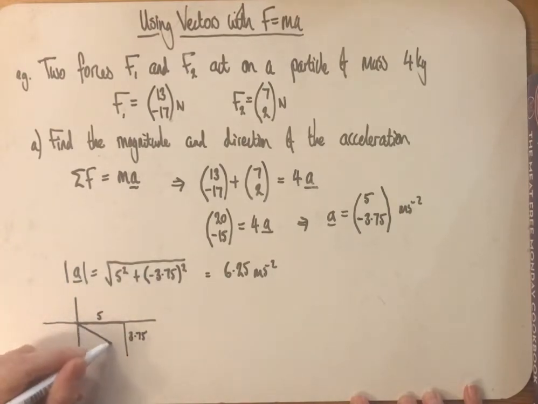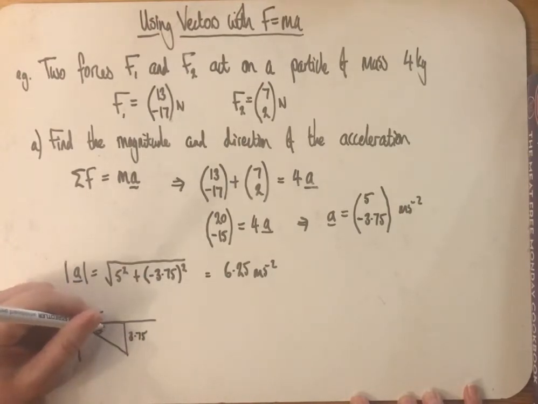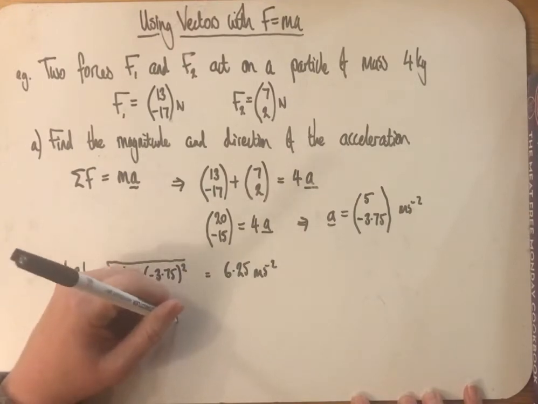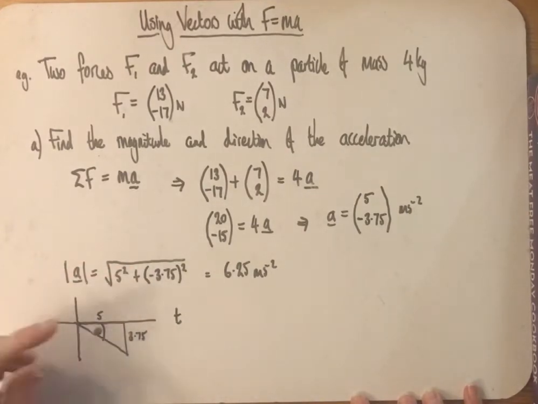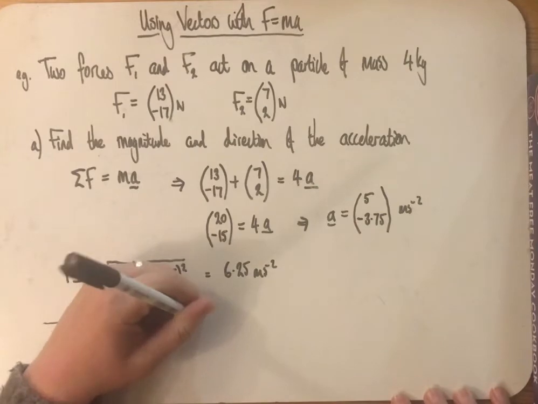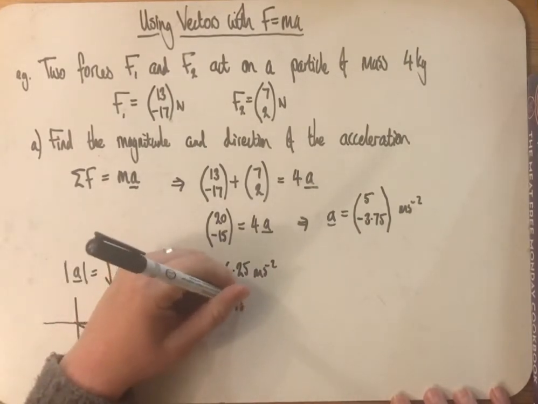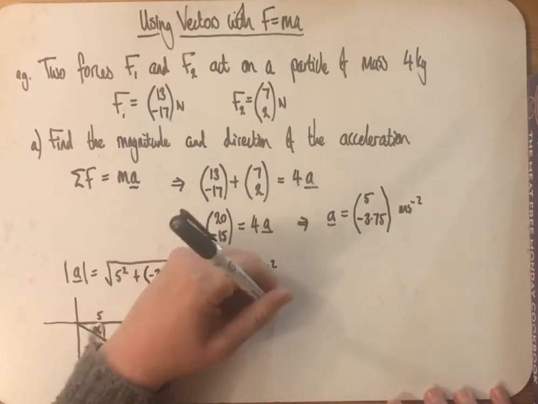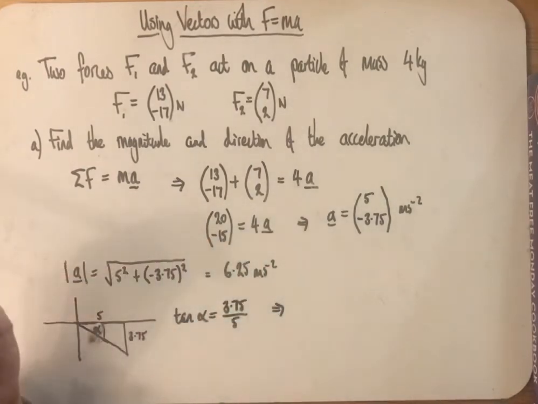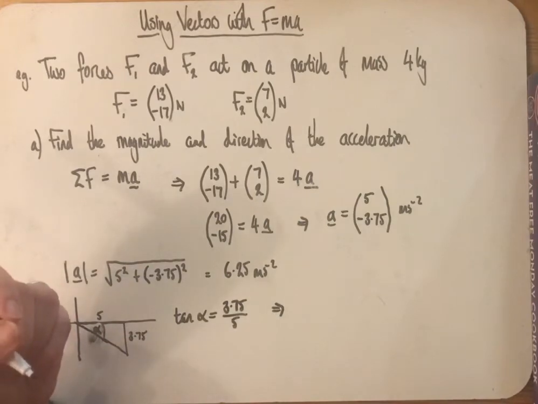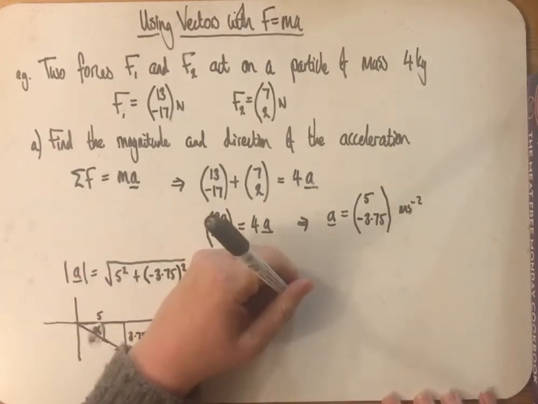And we'll find this angle in here, so I'll call that alpha. So tan alpha is equal to opposite over adjacent. And if you do shift tan of 3.75 over 5, you get 36.9 degrees.